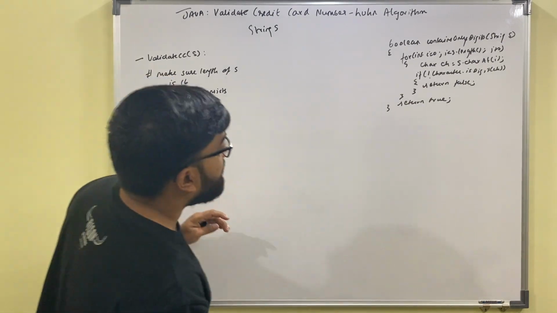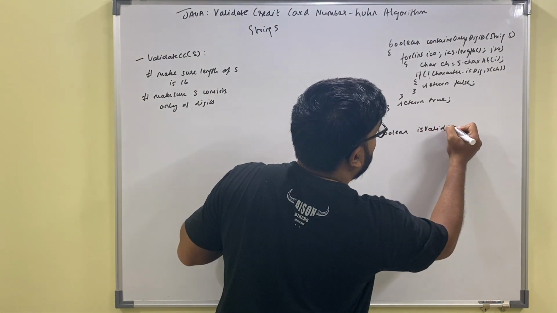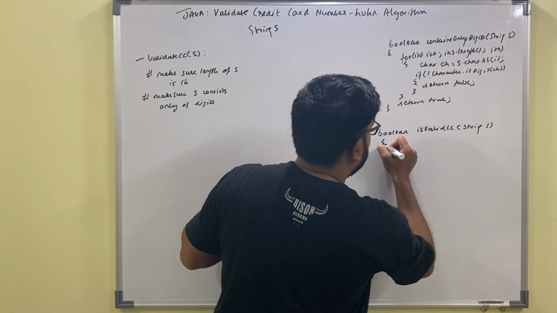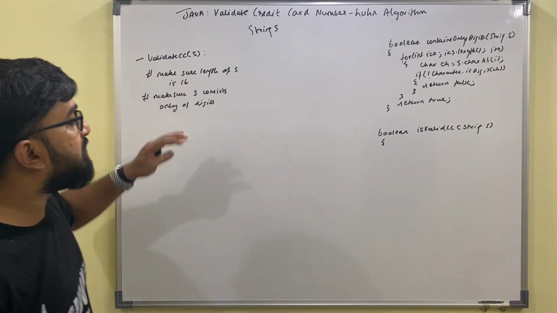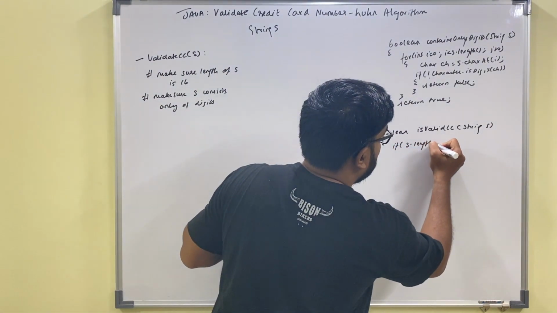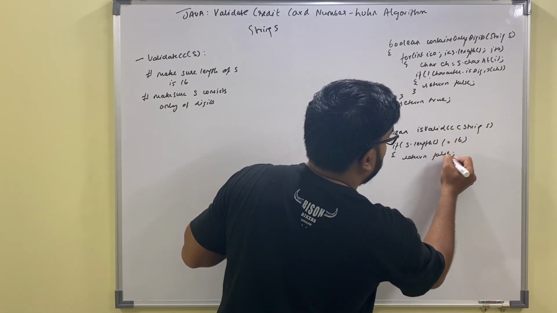Now let me write this: boolean isValidCC, which takes a string S. The first thing is to make sure the length is 16. So if S dot length is not equal to 16, return false.